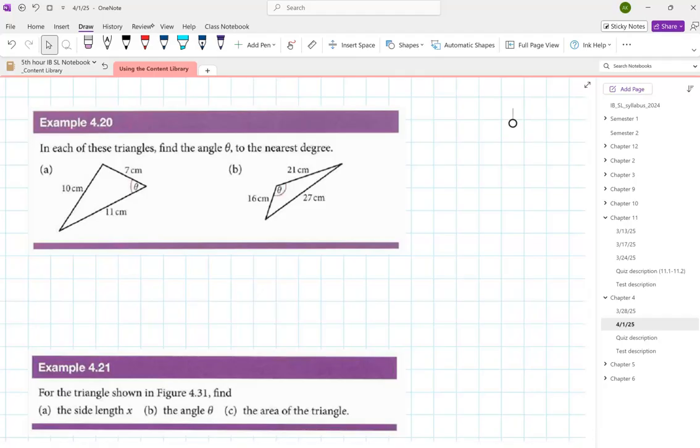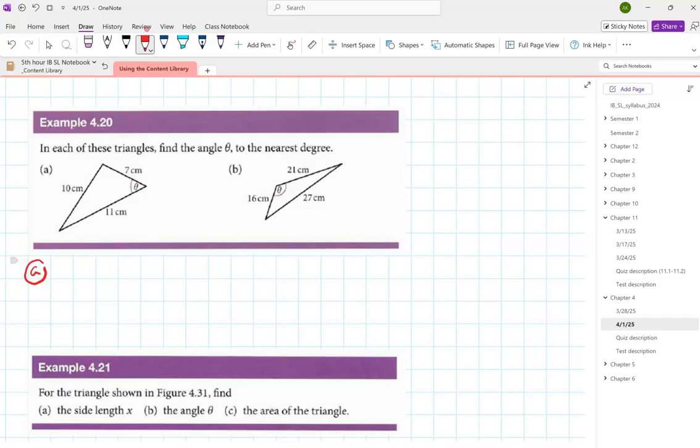All right. So on this one, we're going to be asked to find the angle. Which law do I want to use, law of sines or cosines? Good, law of cosines, because it's a side situation.